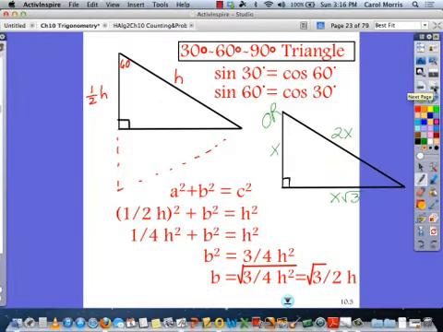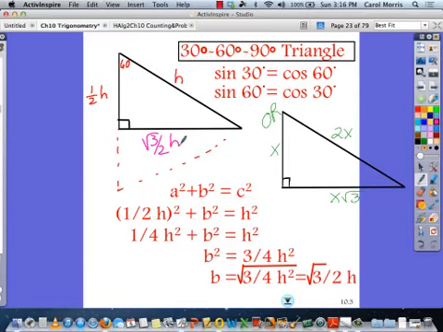So we don't care which edge length you have memorized, whether it's h, 1/2 h, and square root of 3 over 2 h, or, for those of you who don't like fractions, x, 2x, and x root 3. But what we do care about is that you have memorized where they're at.